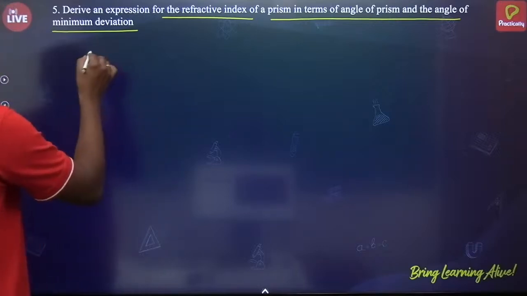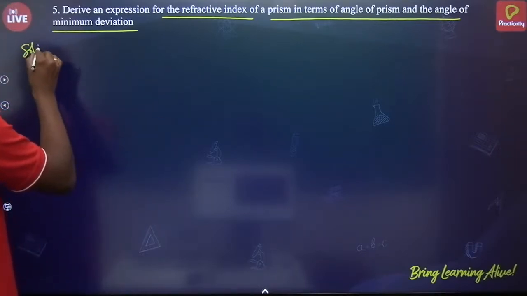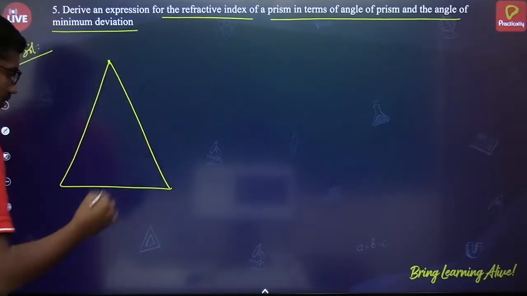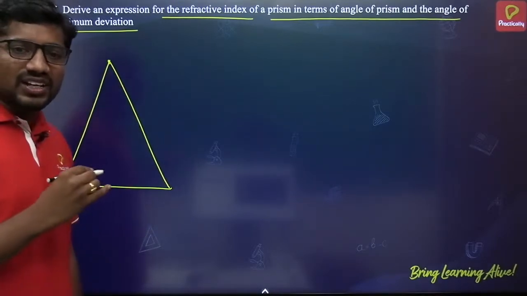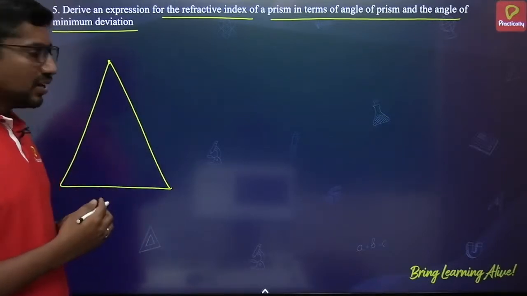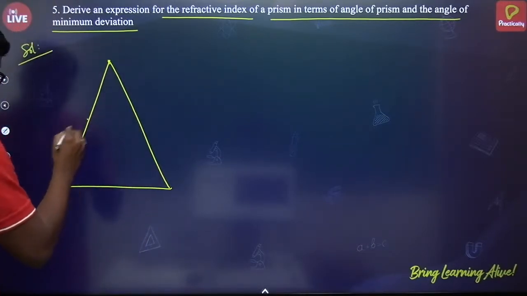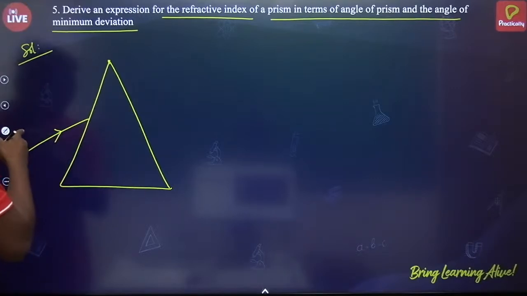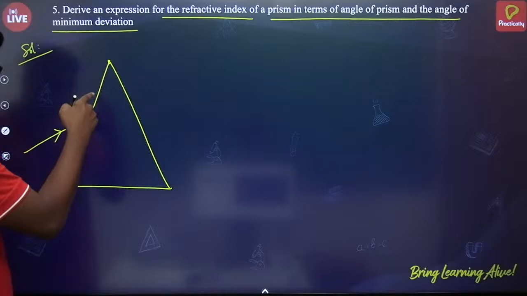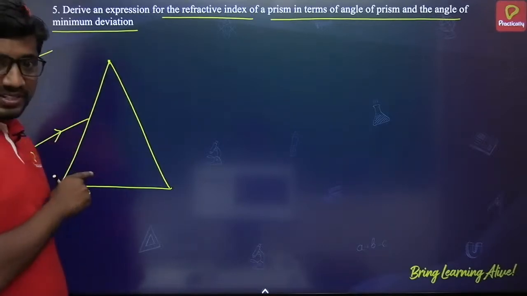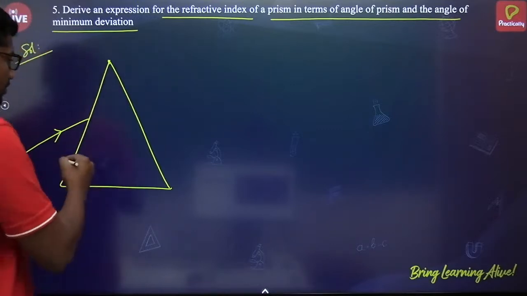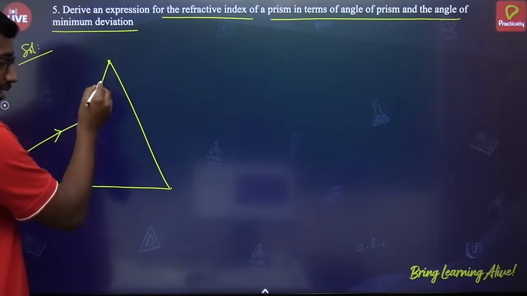See, let us take a prism. First I will show how refraction of light happens in a prism. Here this is a rarer medium and this is a denser medium. When light is incident on one of the refracting surfaces of the prism, see, this prism consists of 2 refracting surfaces which are inclined at an angle, subtending the angle of prism.